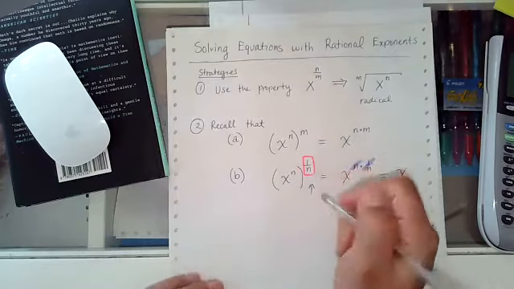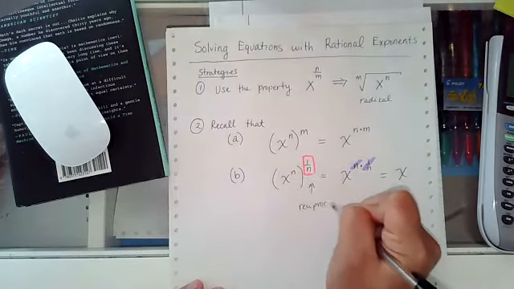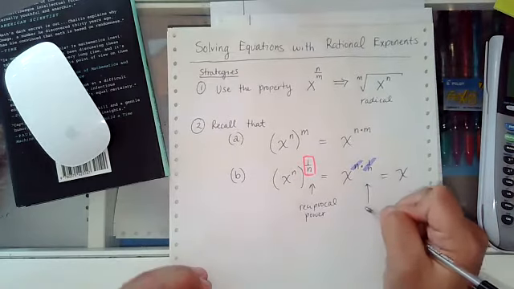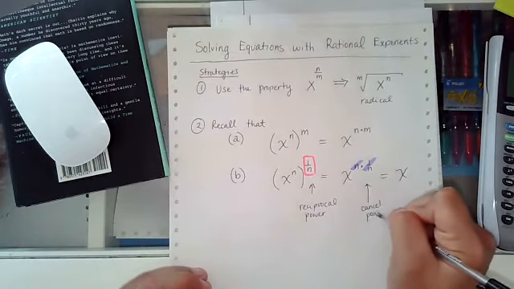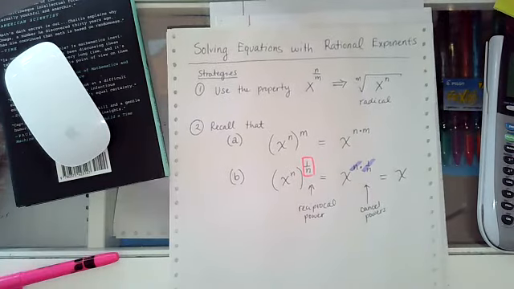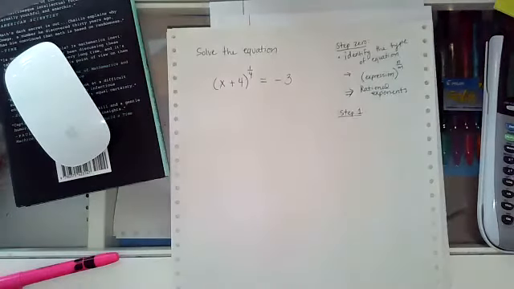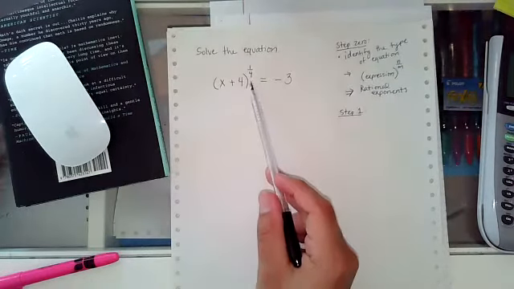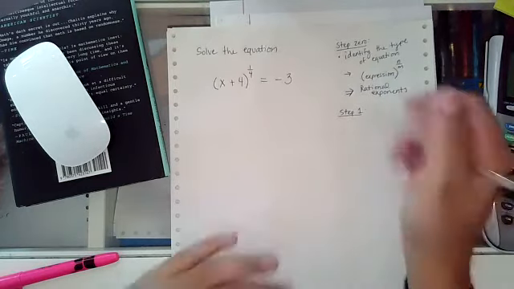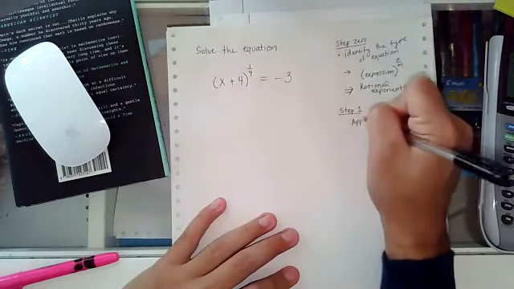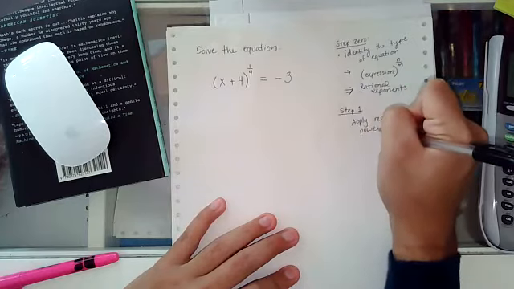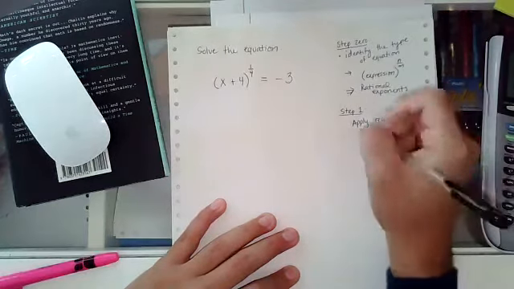So here, the reciprocal power, we can cancel the powers or the exponents. So if we apply a reciprocal power here, that might be the most straightforward way to do it. So we might apply the reciprocal power to both sides of the equation.